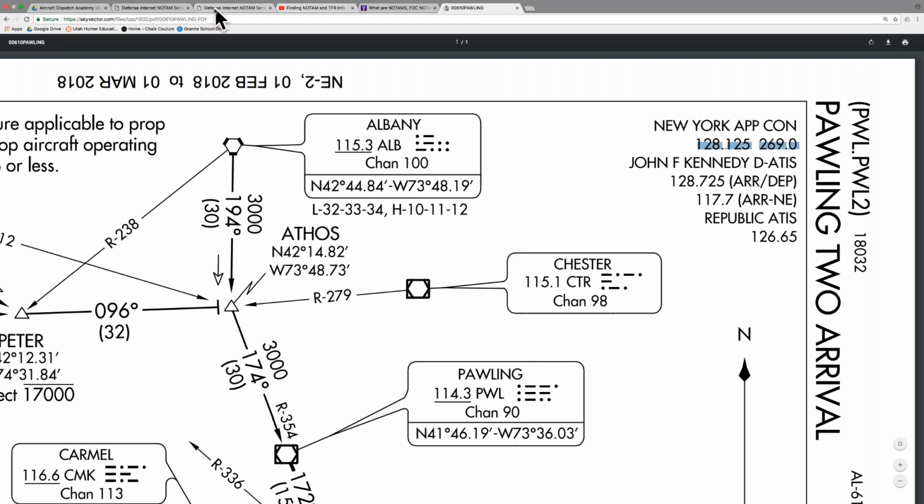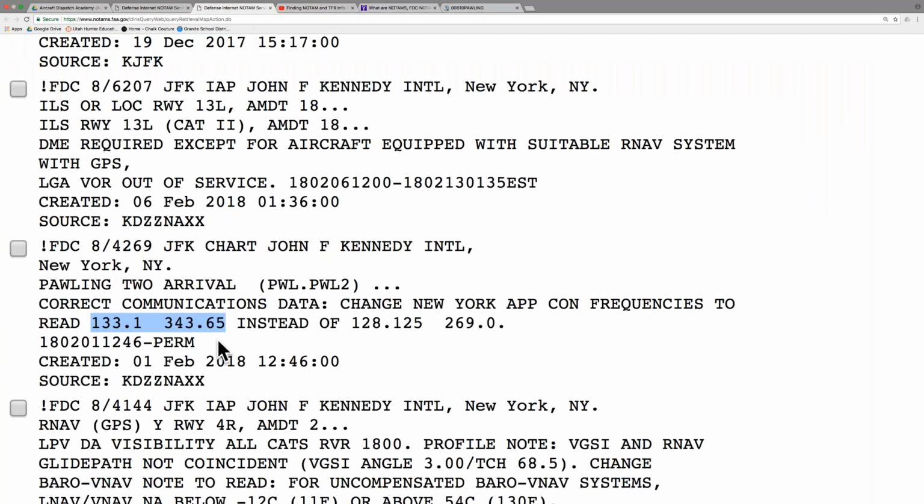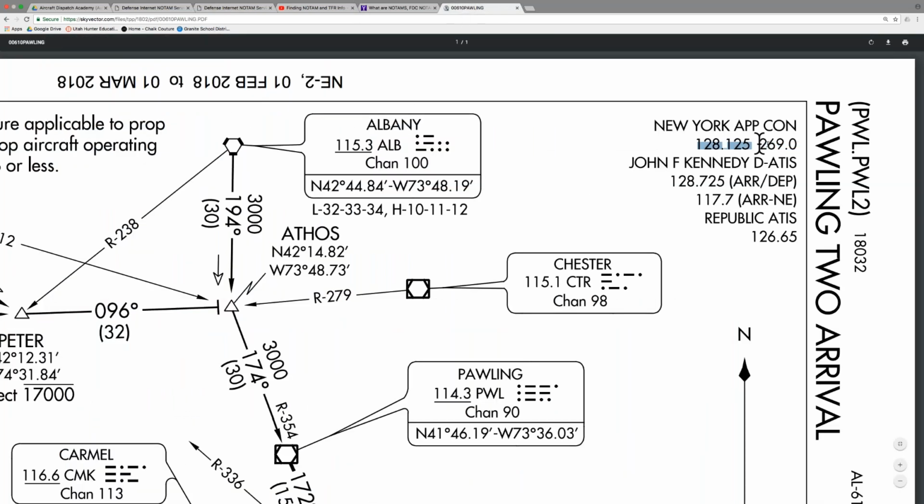And we see those frequencies, but when they update this chart on March 1st, those frequencies are going to change to this, because if you look, this FTC NOTAM came out February 1st, the day they released that chart. They changed that.